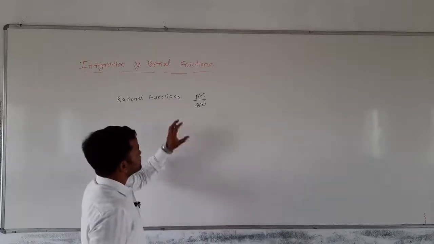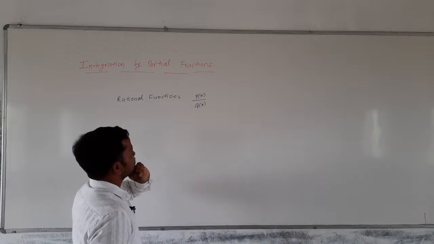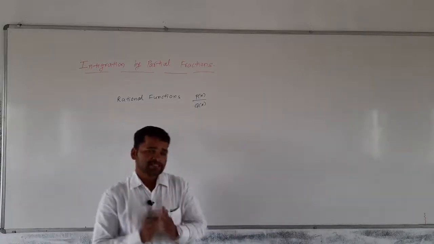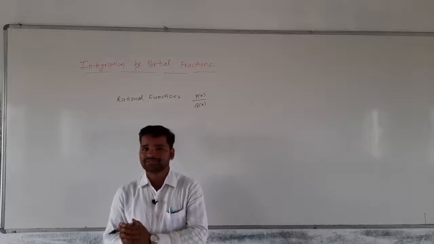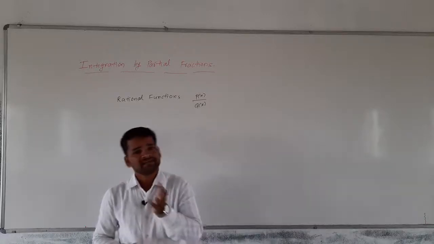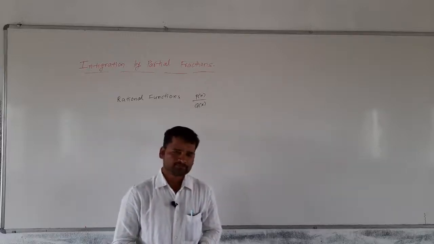Next, p of x by q of x is in fraction form. This fraction form is of two types: one is proper fraction form, another is improper fraction form.